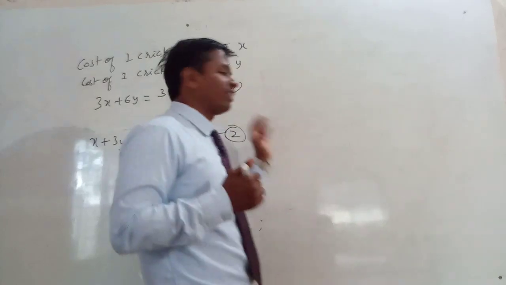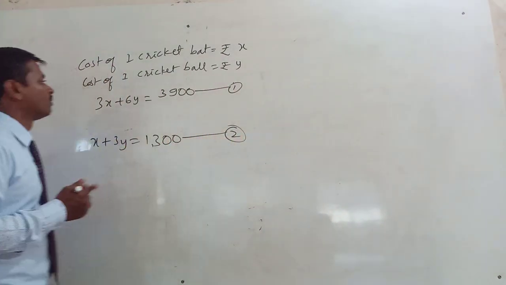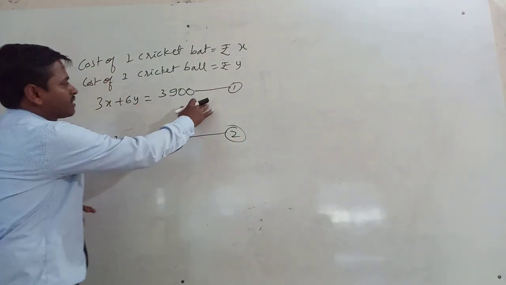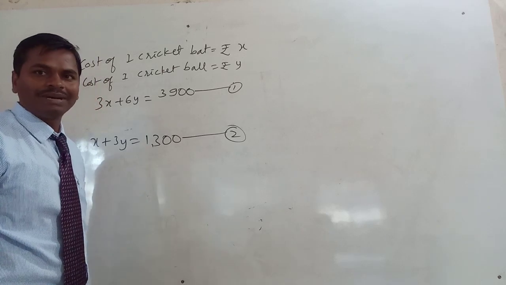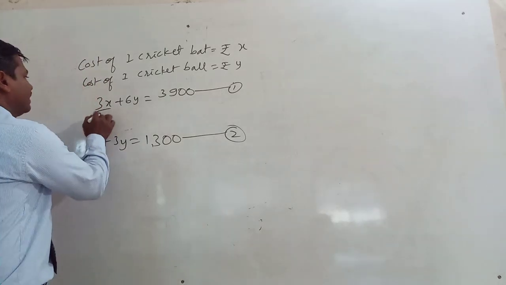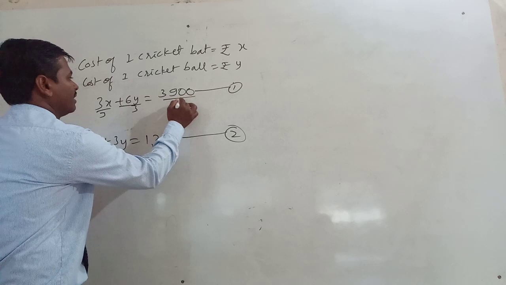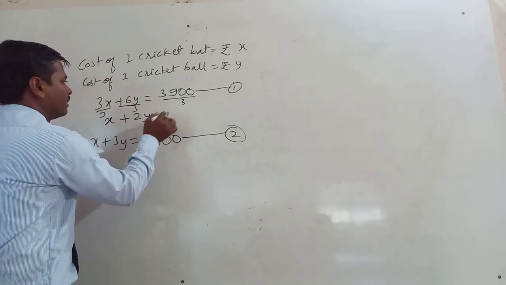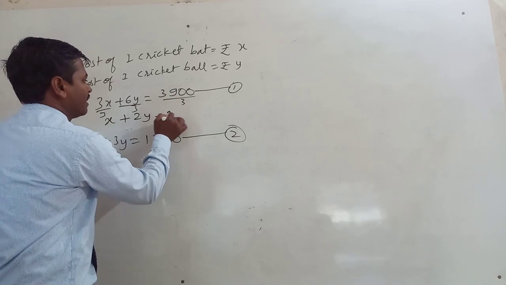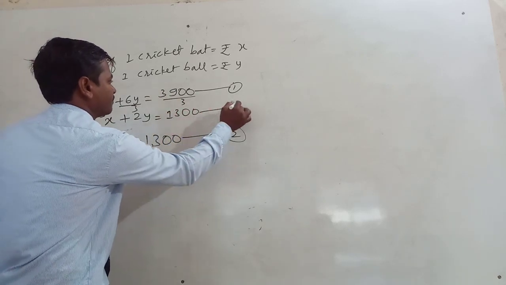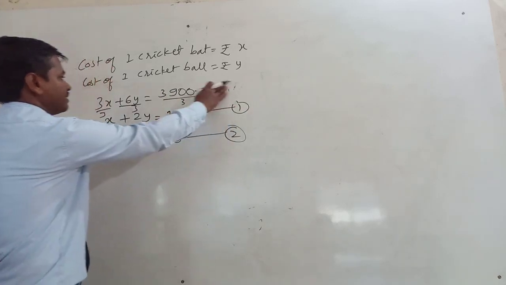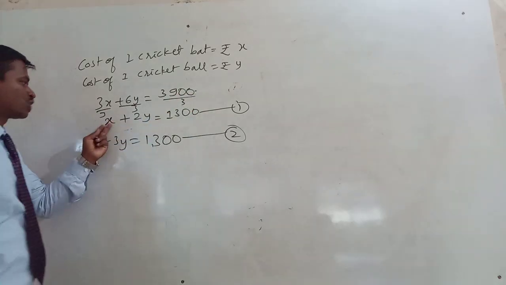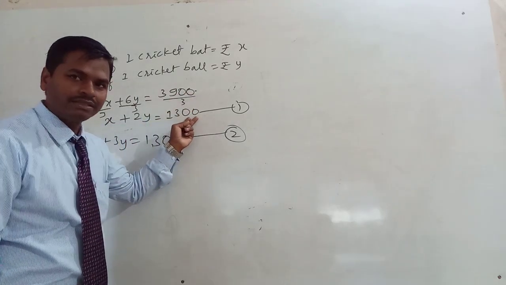Now here, the first equation we can still simplify. All the 3 terms can be divided by 3. Divided by 3, we get x plus 2y equal to 1300.